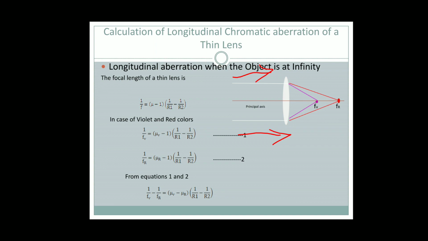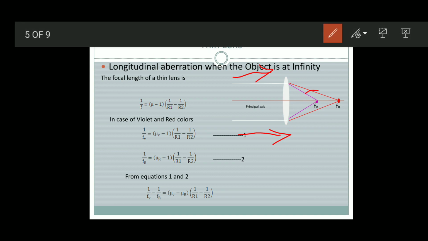If it is white light, the violet image is formed at FV and the red image is formed at FR, where FV is the focal length of the convex lens for violet color and FR is the focal length of the convex lens for red color. According to the definition, the longitudinal chromatic aberration is equal to FR minus FV.